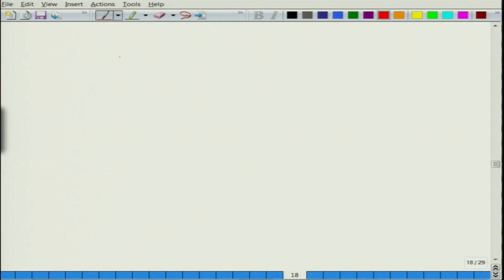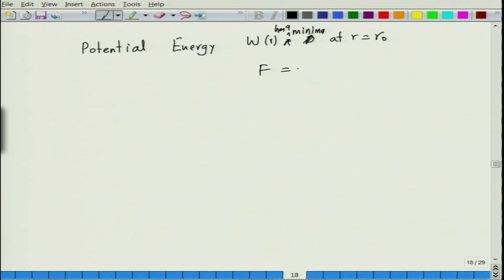Now, potential energy shows a minimum, has a minima at r is equal to r naught and f is equal to 0 at r is equal to r naught.